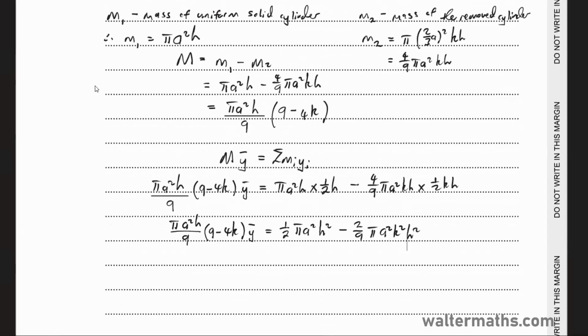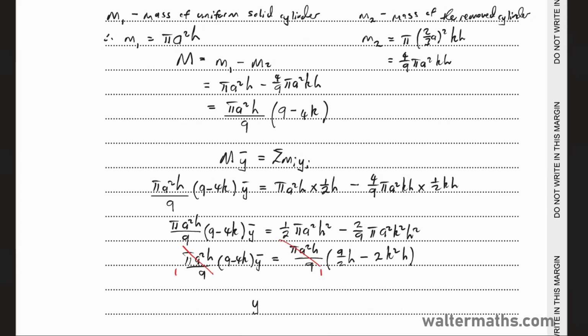So basically that's the same as pi A squared H over 9 of 9 minus 4K of y bar is equal to, and I'll factor out pi A squared H over 9 here, which will give us 9 over 2 of H minus, if we divide that into here, 2K squared H. So I'm going to divide this from both sides and make y bar the subject on the left side.